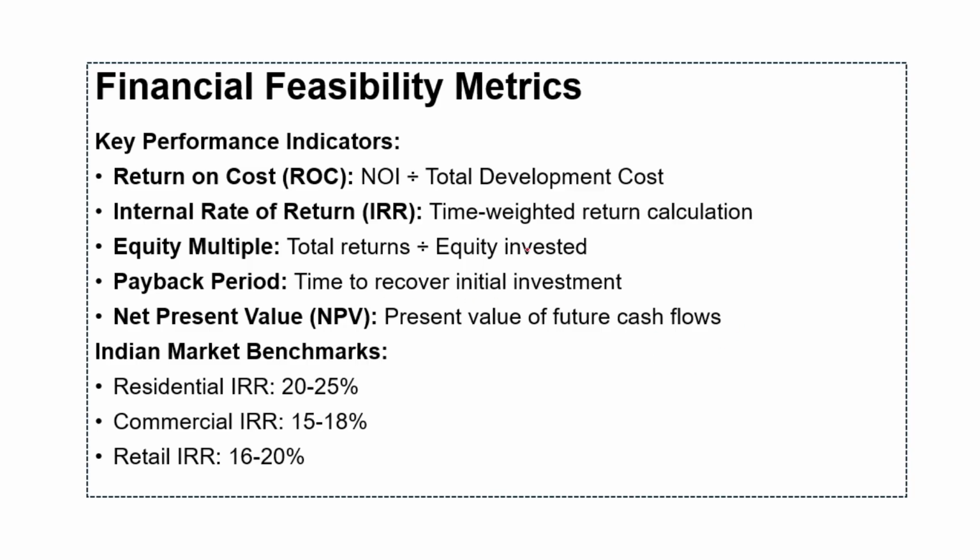We have IRR, time-weighted return calculations. So IRR calculation must include all cash flows from initial land acquisition through final exit. Then we have equity multiple, which measures total return relative to equity invested, and basically equity multiple helps evaluate return relative to risk and compare with alternative investments.